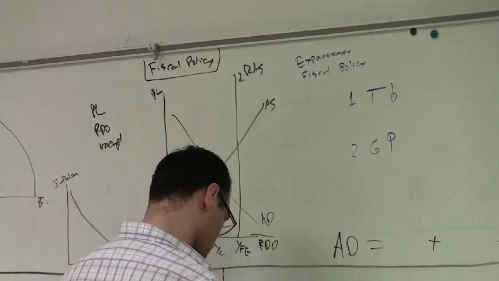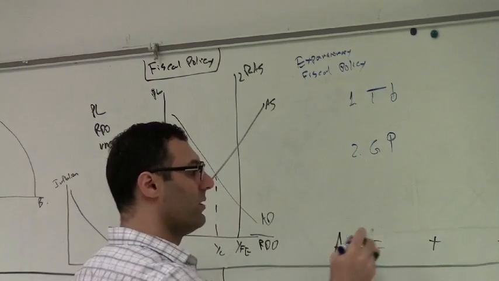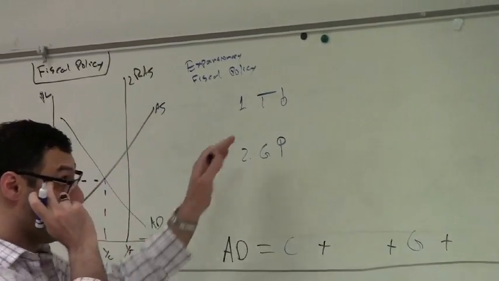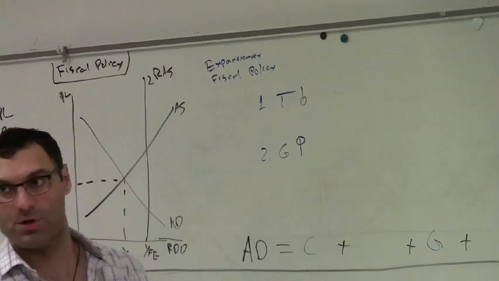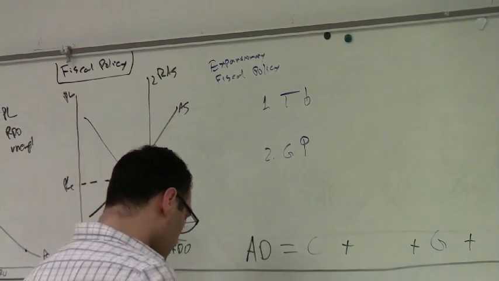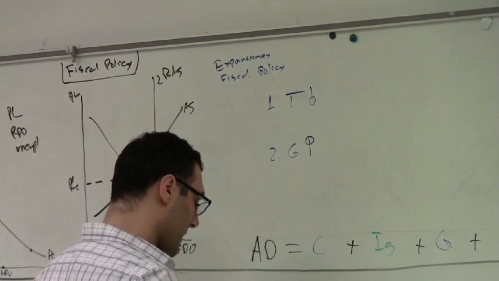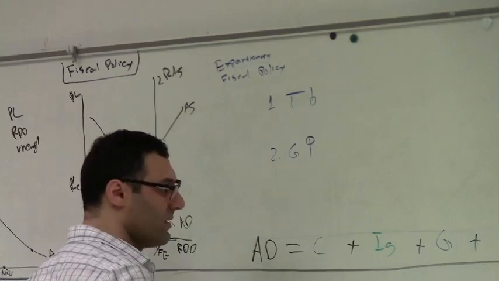I'm not drawing those things yet because I'm going to put consumption and government purchases in blue because the solution will affect consumption and government purchases. I'm going to put gross private domestic investment in green because the crowding out effect is going to affect gross private domestic investment.